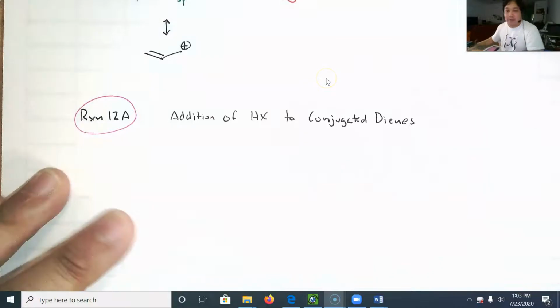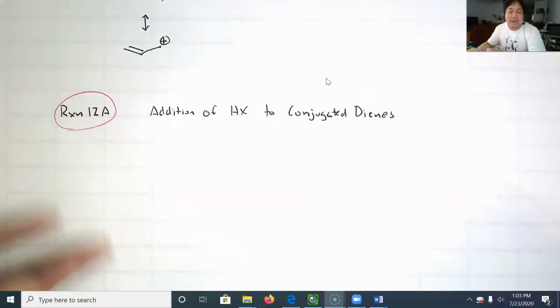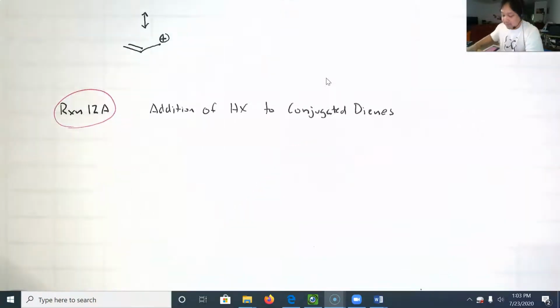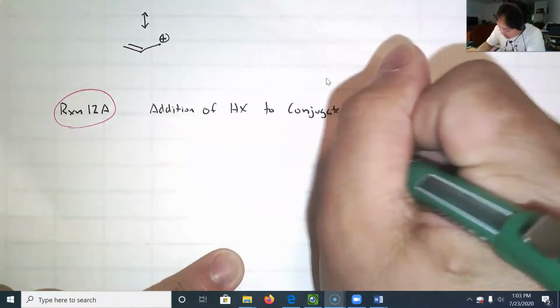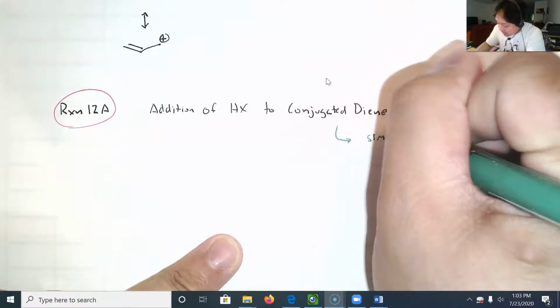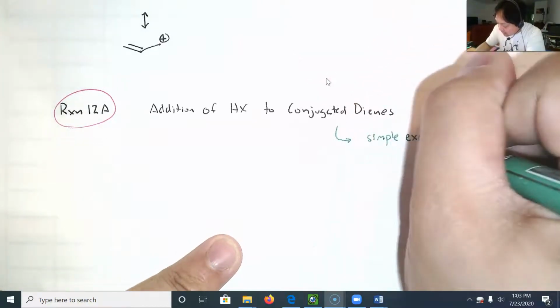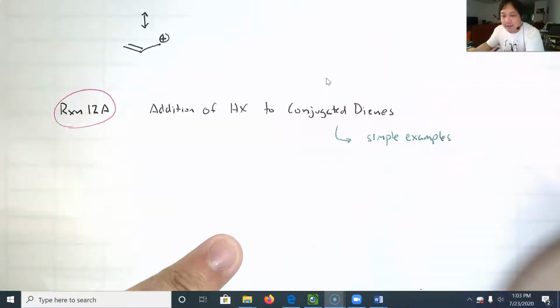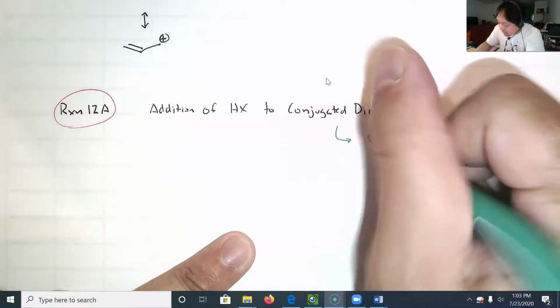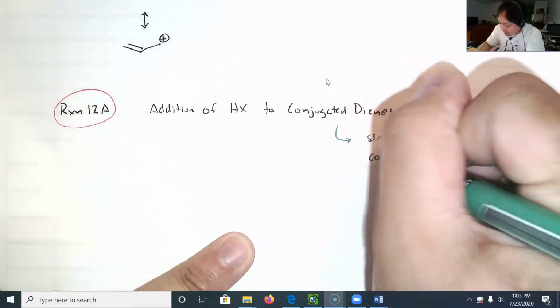Now I'm going to put a little disclaimer here. For this video, we're only going to look at simple examples where the conjugated dienes are going to be symmetrical. So we're only going to look at simple examples. And they're simple because these conjugated dienes are symmetrical.